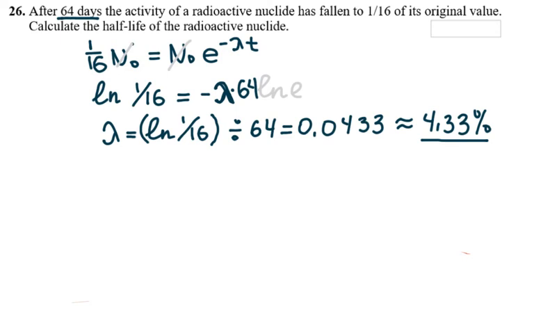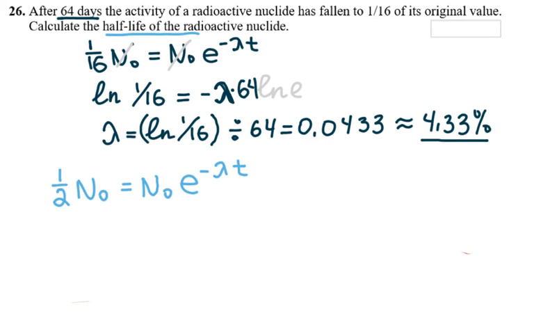And then for the next part, I have to calculate the half-life. So right now I'm going to have 1/2 of the initial value. On the left side I have the leftover value, which is 1/2 in our case because they ask for half-life. And then I have the initial value on the right side, and then e to the power of negative lambda times t.